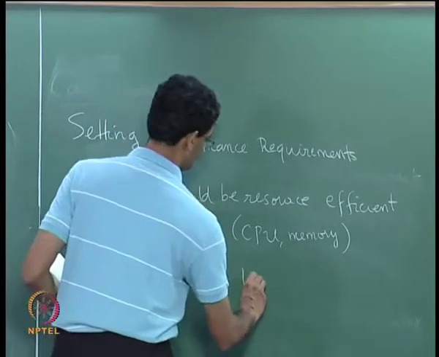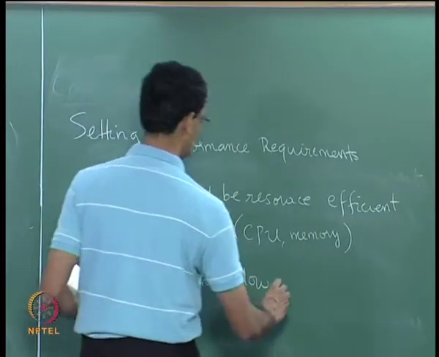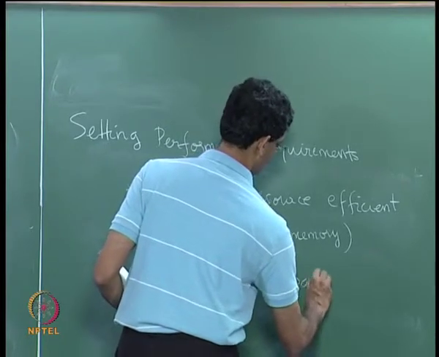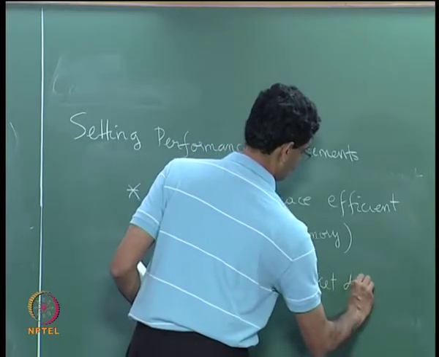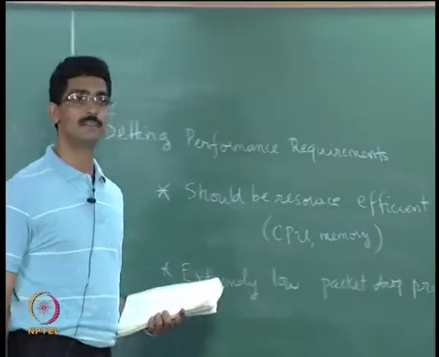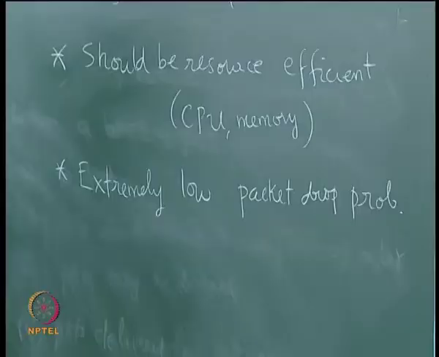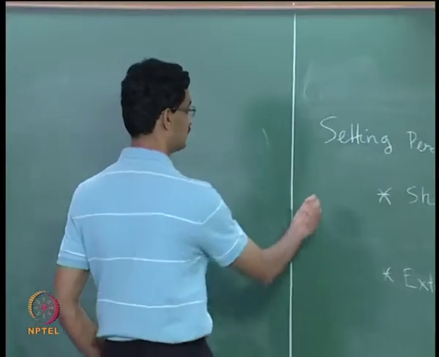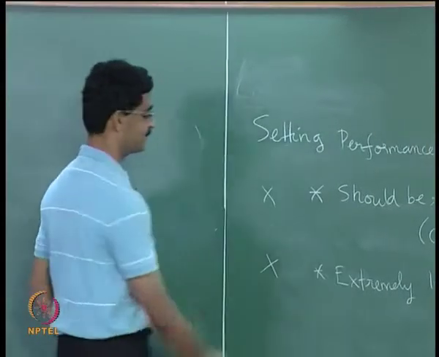Or it can be even vaguer by saying extremely low, let us say, packet drop probabilities. These are things that you would rather avoid.